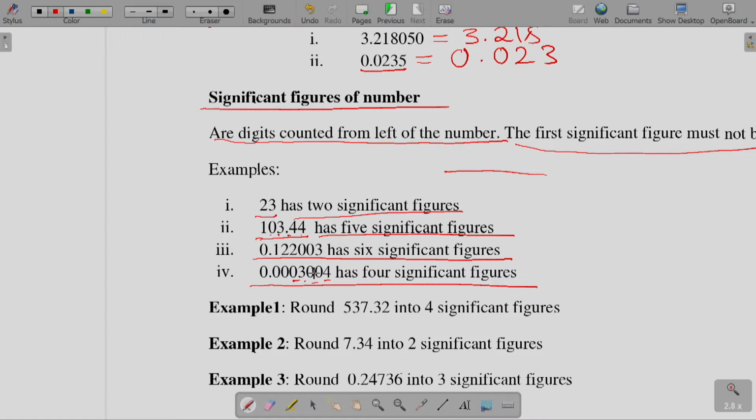Let's do examples on how to round numbers into different numbers of significant figures.